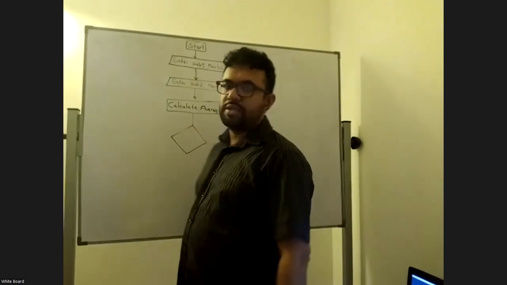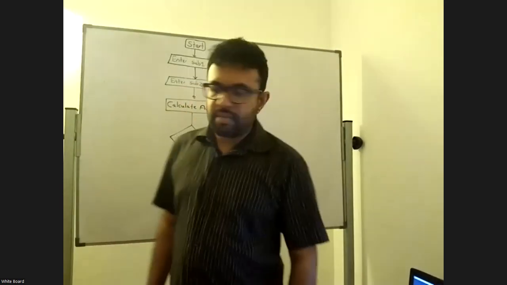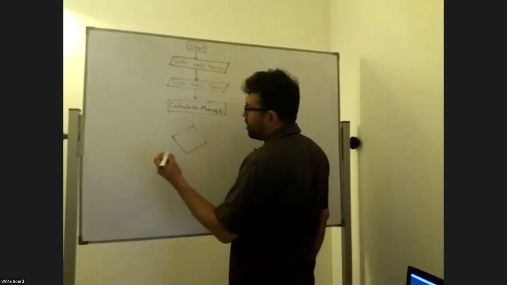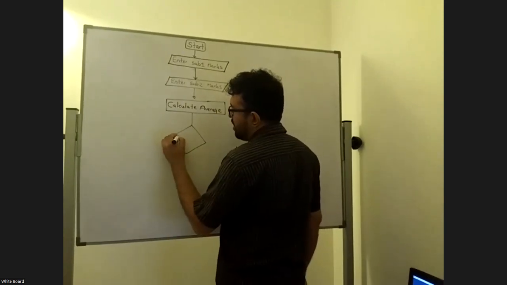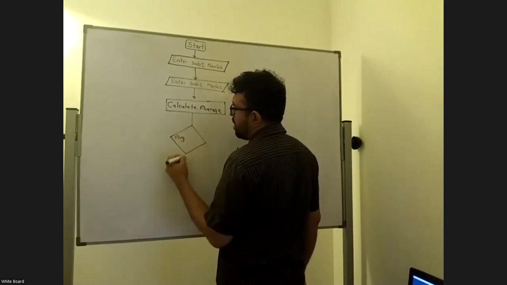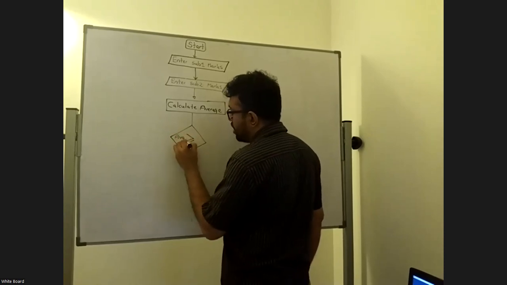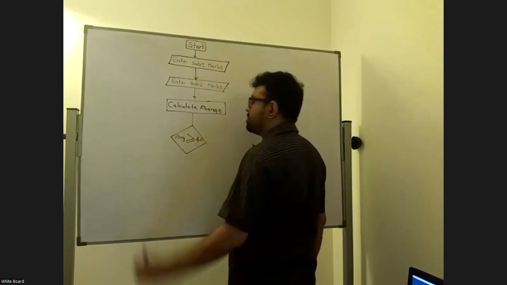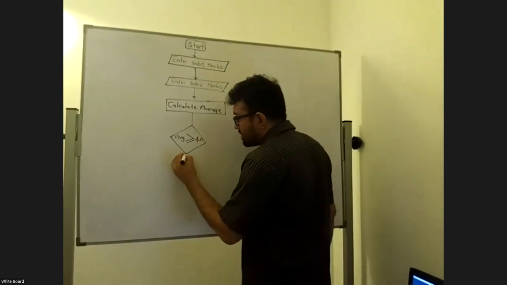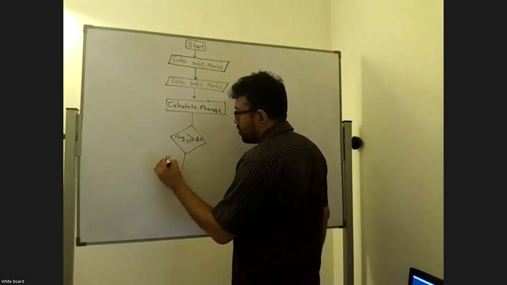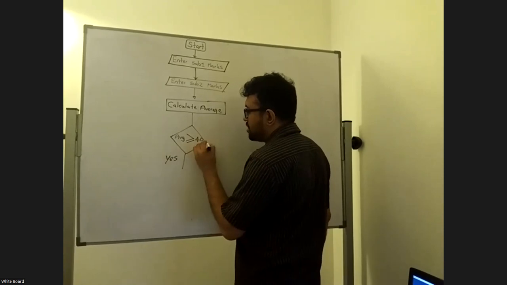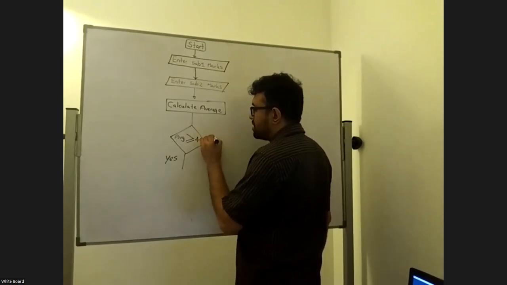So you can see the decision is being placed like this. You can put it like average greater than or equal to 40. If it is yes, you can go in this direction. If it is no, you can go in this direction.